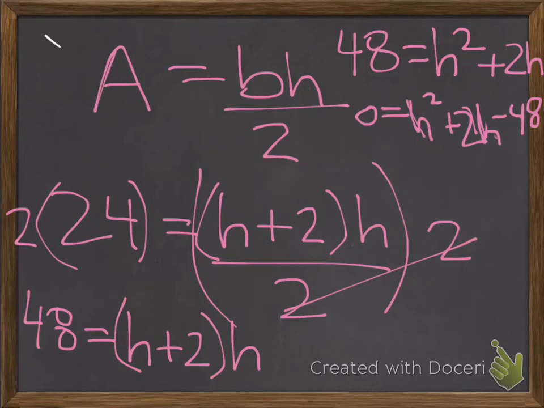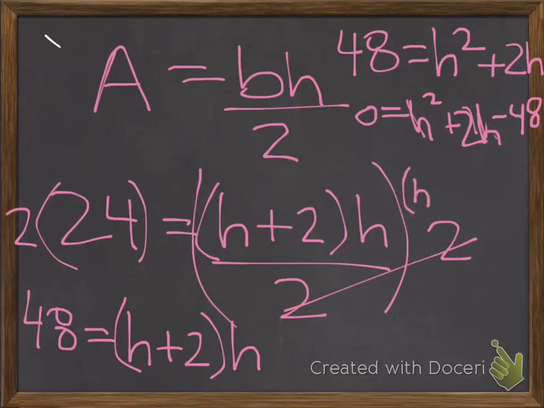And then you're trying to figure out what two numbers would multiply together to get negative 48 and add together to get positive 2. So I'm going to say 8 and 6. If we do a negative 6 plus 8, that would still give us negative 48 and positive 2.